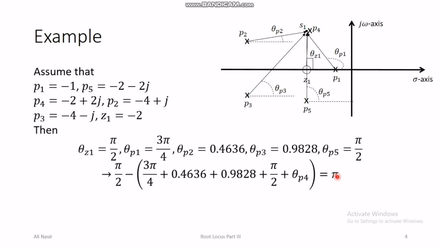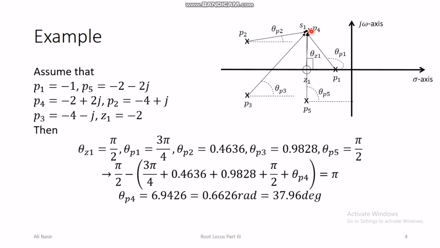And when we solve this equation to find theta p4, we find that theta p4 is 0.6626 radians, which is equal to 37.96 degrees. So if this is 37.96 degrees, that means that with respect to the positive x-axis, this pole will start moving at an angle of about 40 degrees with respect to the positive axis.